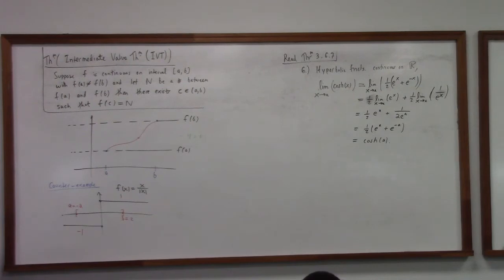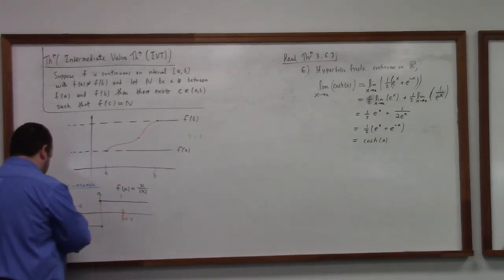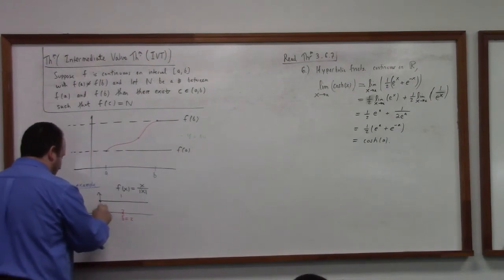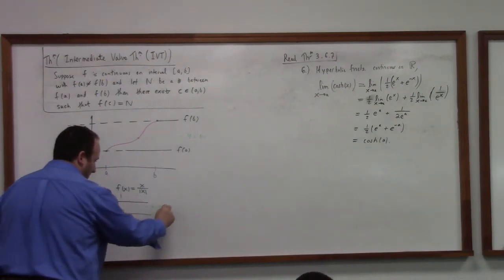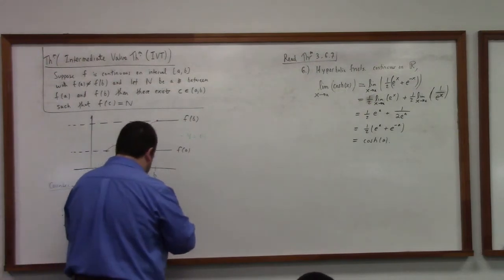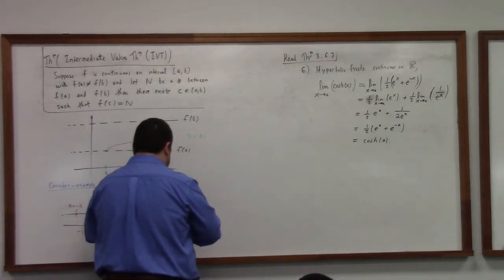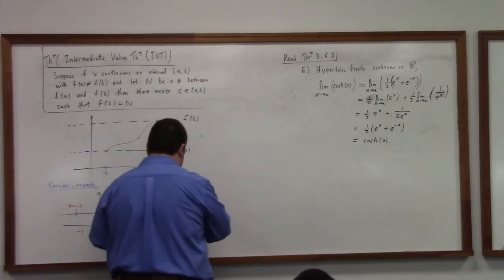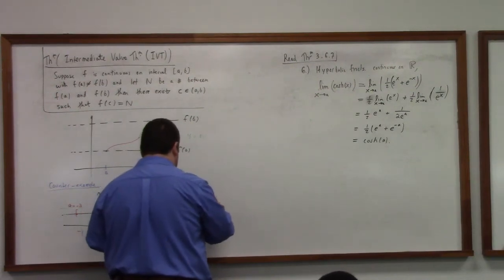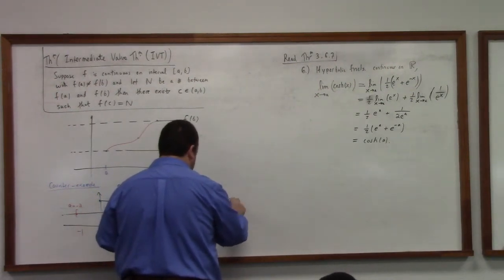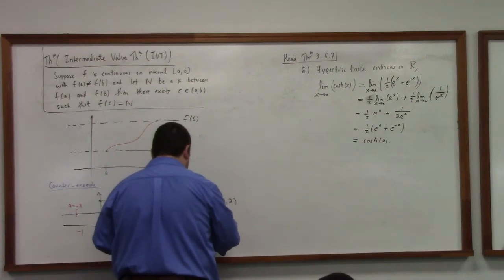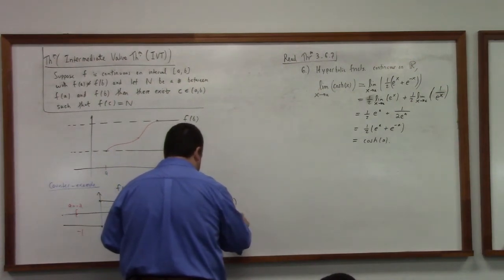Pick n equal to 0, or n equal to 0.5, sure. There does not exist c in -2 to 2 such that f of c is equal to 0.5.